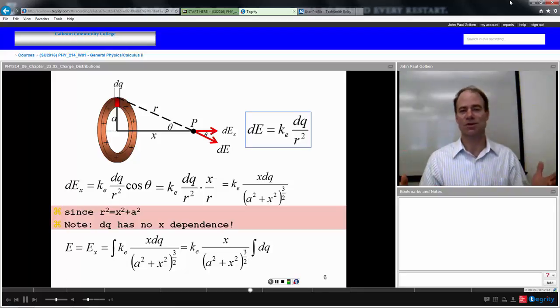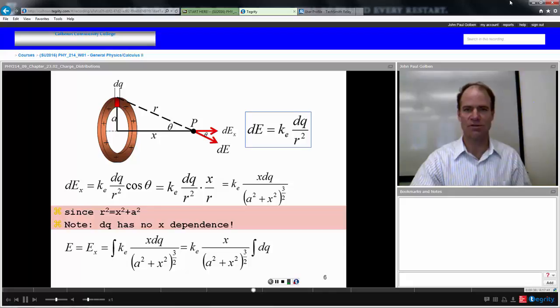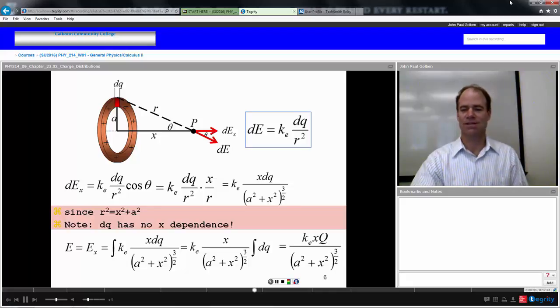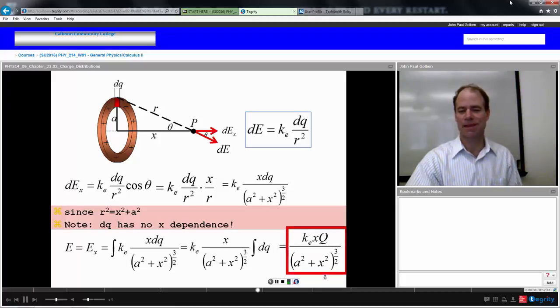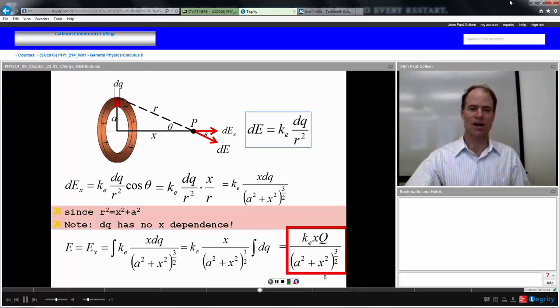Well, that's just the total charge on the ring, so my integration of dq across the ring is just my total charge on the ring, q. So this is k x q over (a squared plus x squared) to the 3/2 power. And that is the electric field a distance x away from a charged ring of total charge q and radius a.